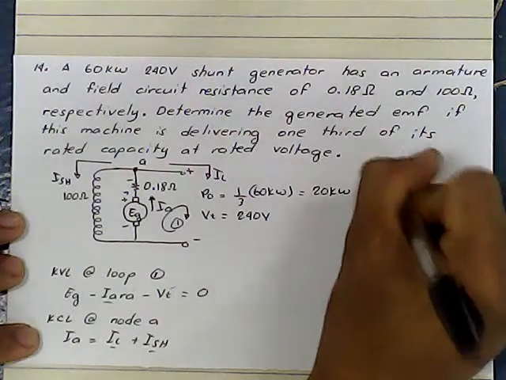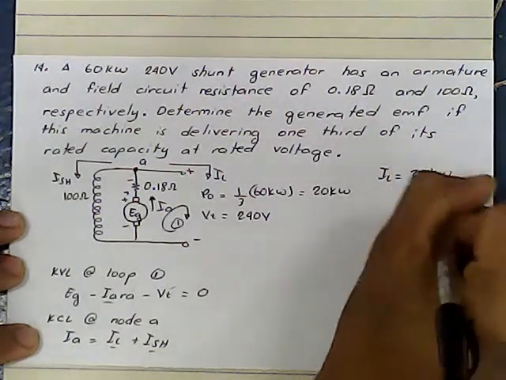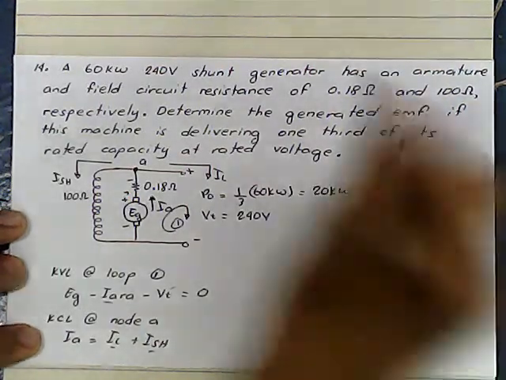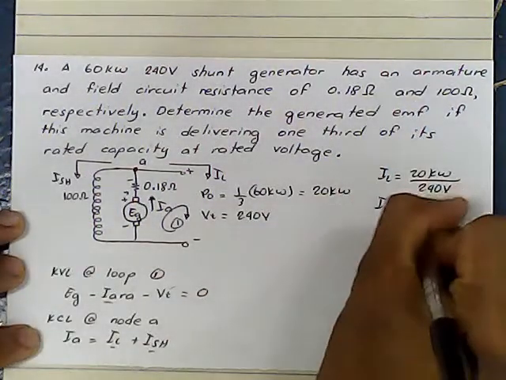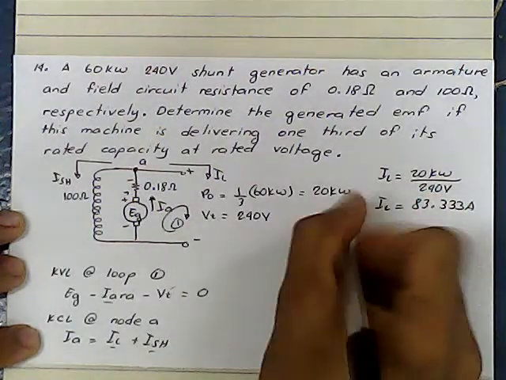So for the IL, we have 20 kilowatts, divide this by 240 volts. So IL, 240,000, divide that by 240, that is only 20,000. Divide that by 240. So we have here 83.333 amperes.